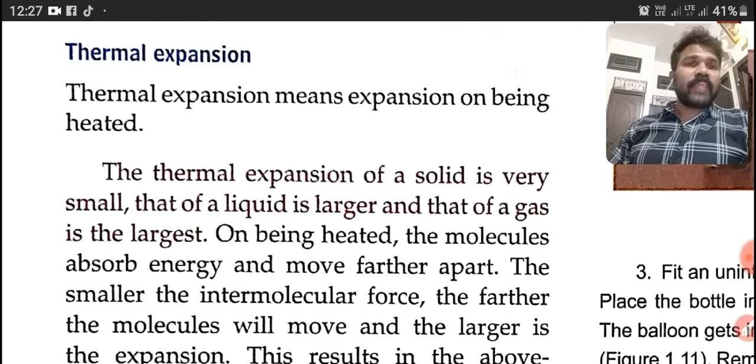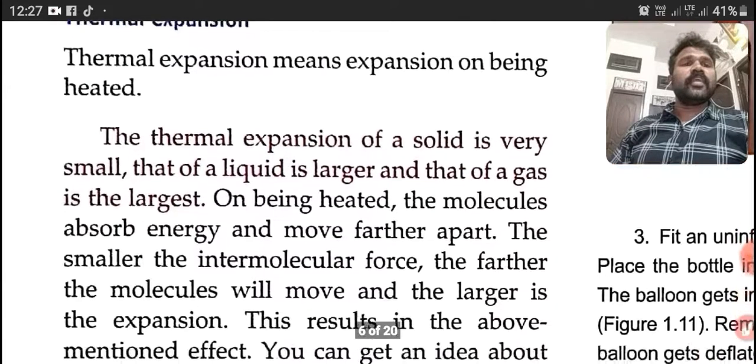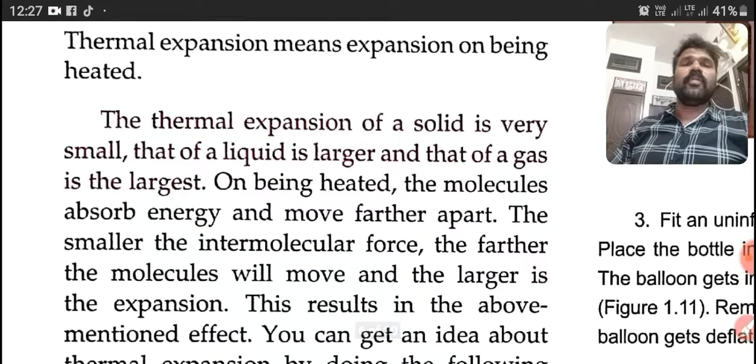The thermal expansion of solids is very small, but that of a liquid is larger and that of a gas is the largest.